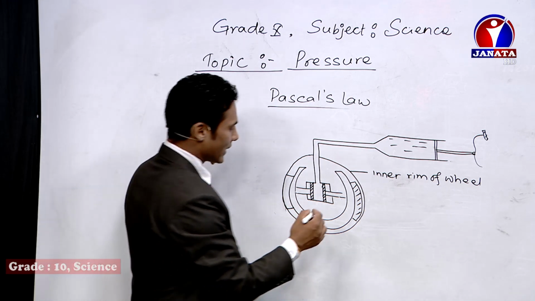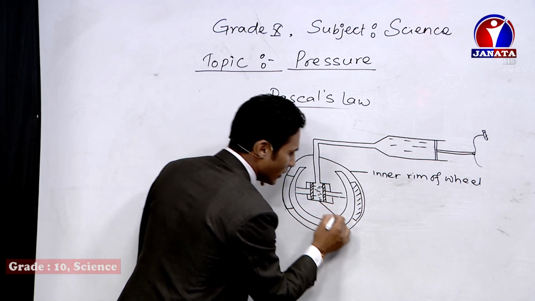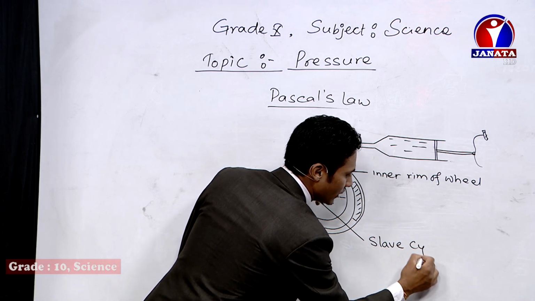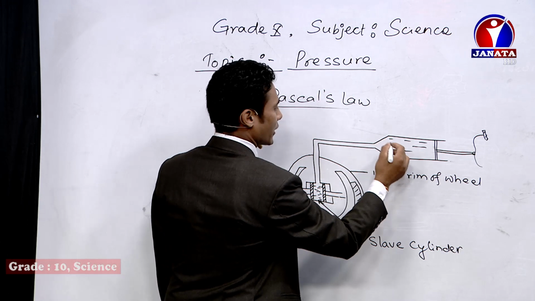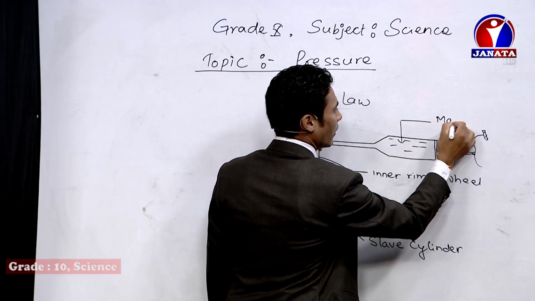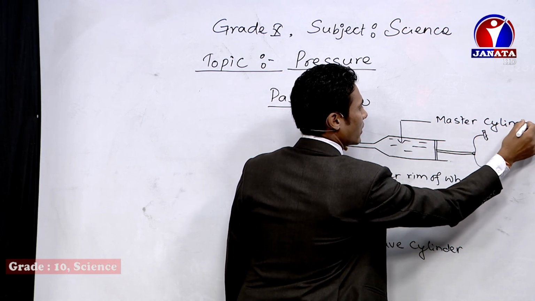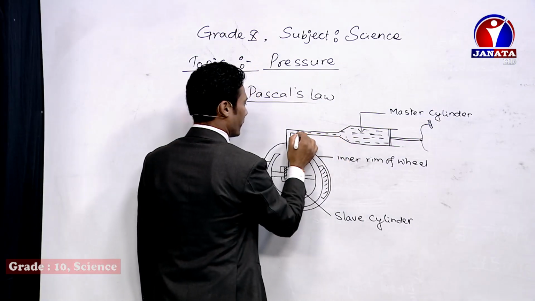Okay, and this one is called the slave cylinder, right? And this one is called the master cylinder. So this liquid is filled here.